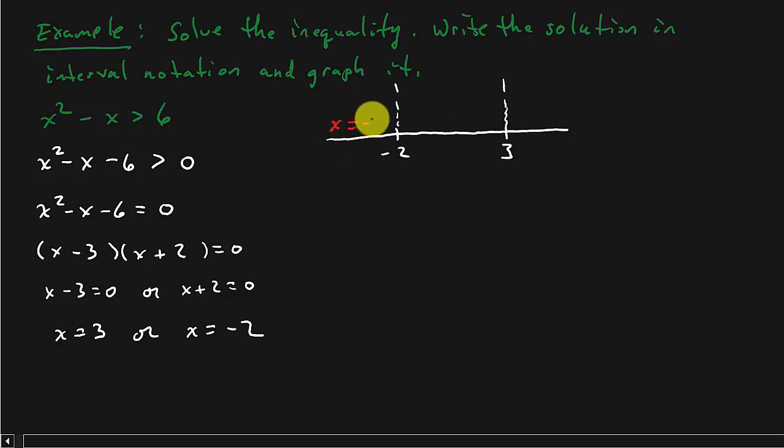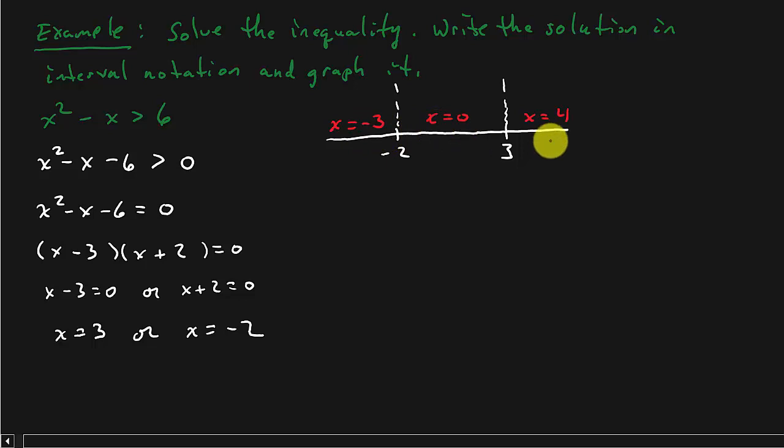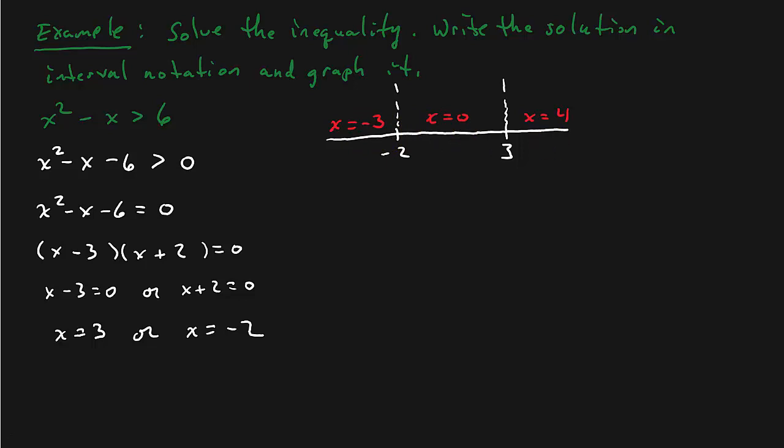So I'm going to choose x equals negative 3, x equals 0, and x equals 4. Okay, so there's my number from each region. Now you can pick any numbers you want. It makes no difference what numbers you pick, just as long as you have one in each of these regions.